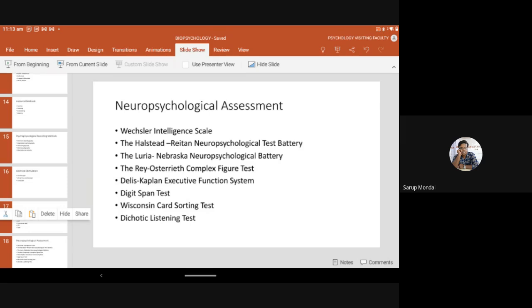Now the next one is the Halstead-Reitan neuropsychological test battery. This is another important test battery, often used for training purposes and by clinical psychologists to assess any behavioral issues or problems. The battery is designed to assess all major functions: the cognitive, the sensory, the expressive, and the motor functions.